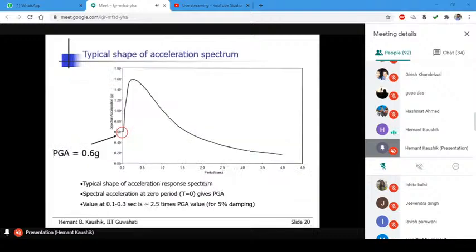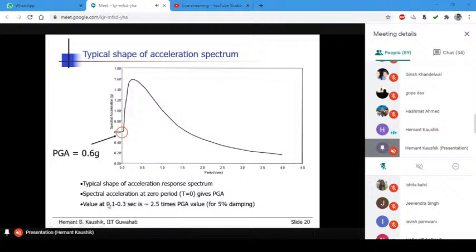So this is the typical shape of the acceleration response spectrum, right? So this is spectral acceleration, it starts from PGA. It increases initially and then more or less remains constant for some time and then reduces. Okay, now the point is, this region from here to here, what is the difference in the time period?